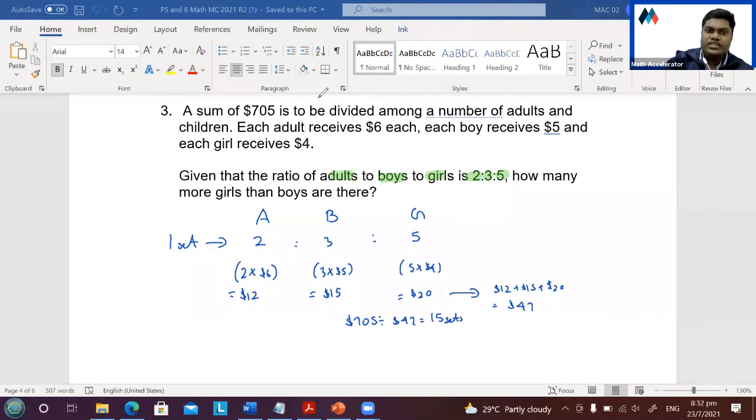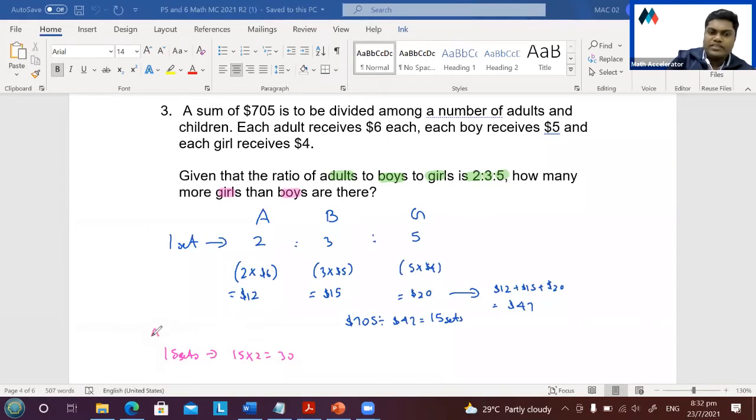Okay, so the question here is asking, how many more girls than boys are there? Okay, in one set, the difference is 2, right? So if there are 15 sets, okay, you cut short. 15 times 2, you'll get 30 straight away.